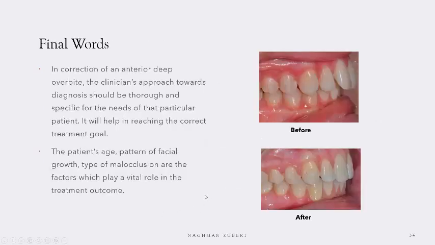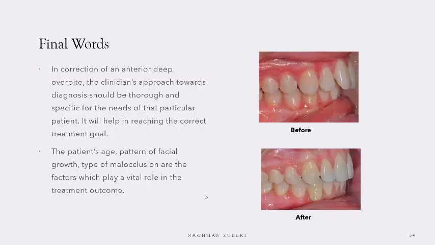Now, the final words or conclusion. In correction of an anterior deep overbite, the clinician's approach towards diagnosis should be thorough and specific for the needs of that particular patient. It will help in reaching the correct treatment goal.